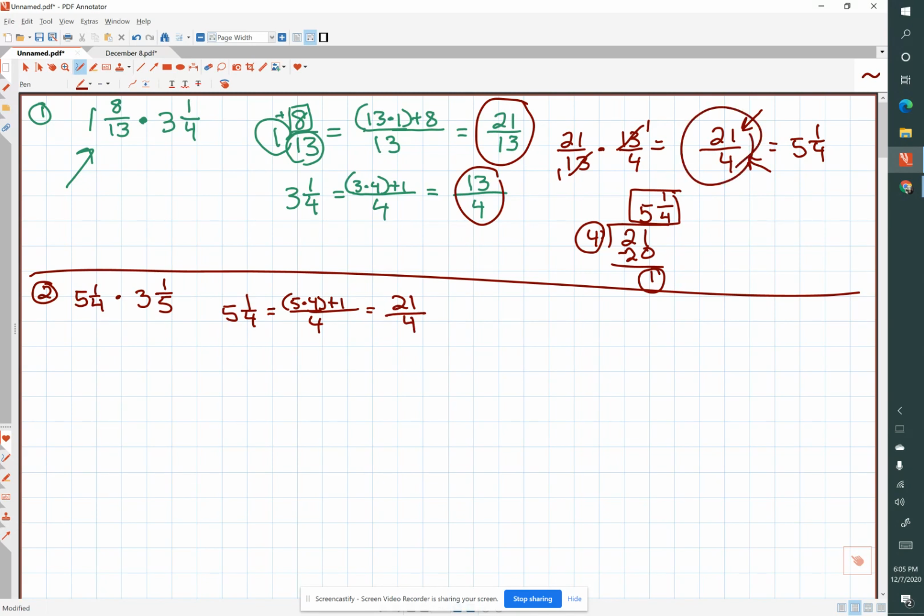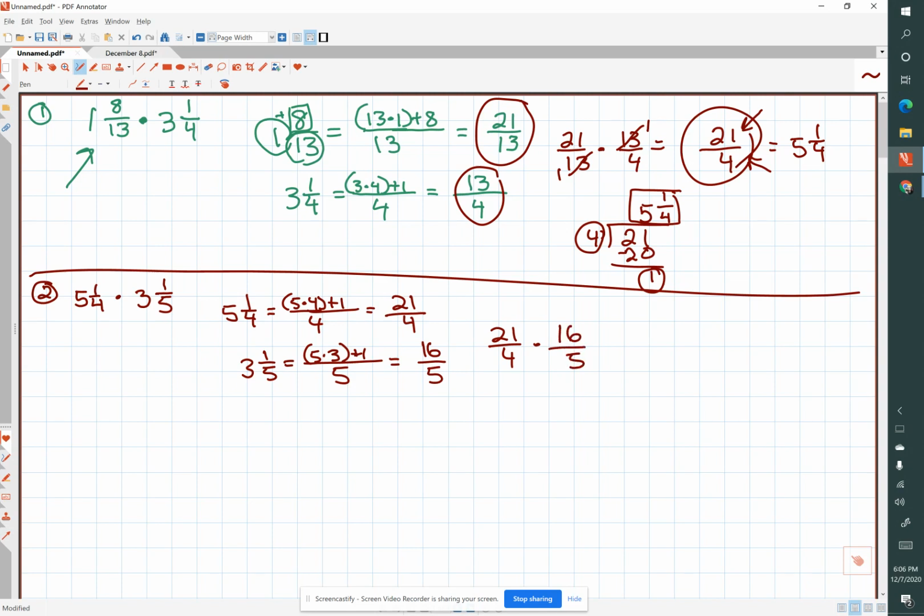So now we're just going in the other direction. And 3 1/5 will be 5 times 3, and we put it in parentheses because we do that first, plus 1, which equals 16/5. So our problem will be 21/4 times 16/5.